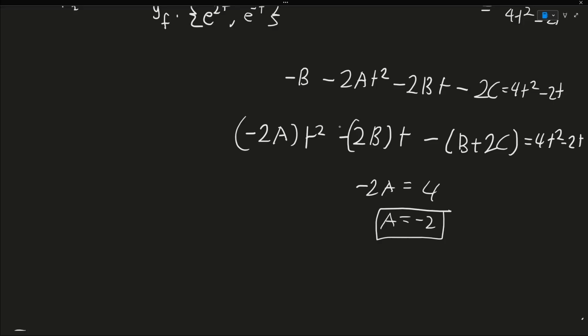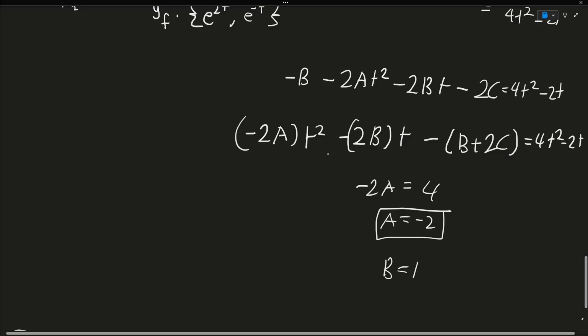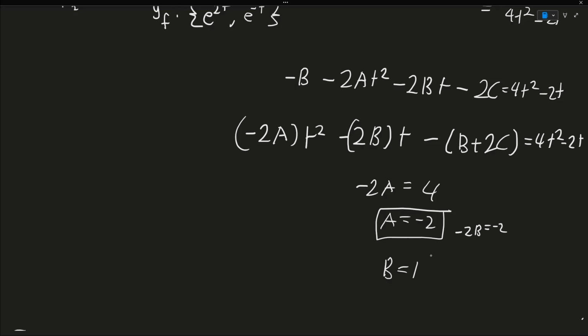So we have negative 2b for t, so this means that b must be equal to 1 because we have a negative 2b. Okay, if you make this a plus and you have this negative in the parentheses, you will have a negative 2b in front of t. Okay, so negative 2b equals negative 2, so b equals 1.